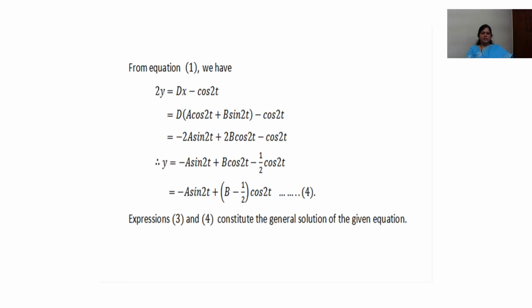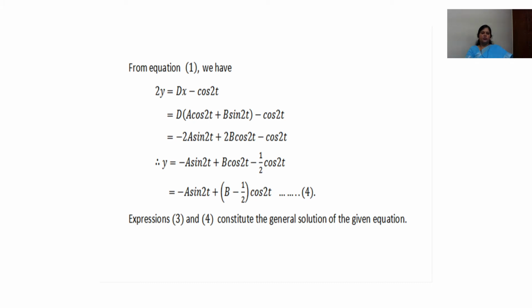Then the third term is as it is, because no D term is along with it, so cos 2t only. If you simplify, 2y is equal to this value, so dividing by 2, we will get y. Therefore y is equal to minus a sin 2t plus b cos 2t minus 1 by 2 cos 2t.